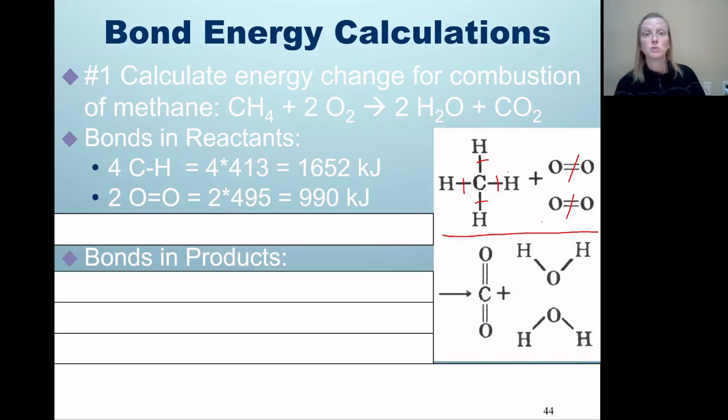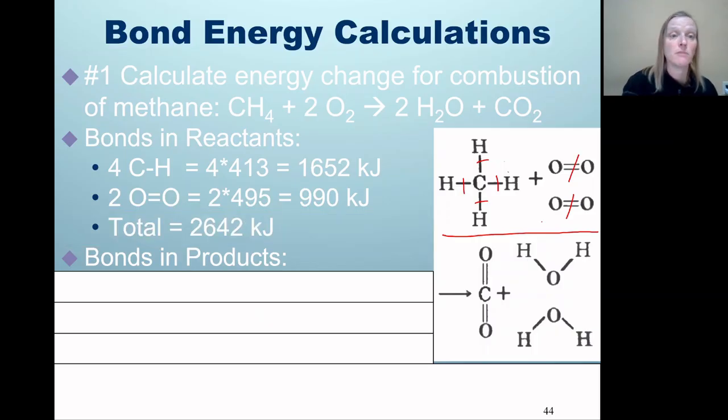I need to multiply that by 2 to get 990 kilojoules. And now I'm done counting all of the bonds on the reactant side of the equation. So I just add those kilojoule values together and my total is 2,642 kilojoules.